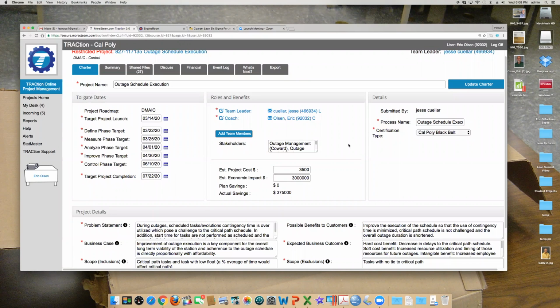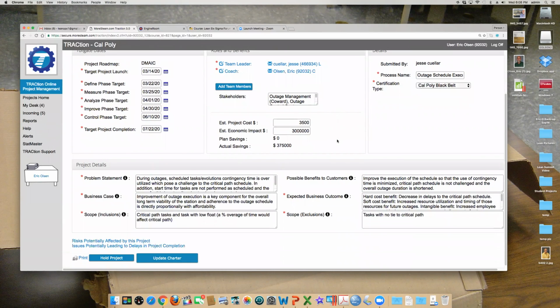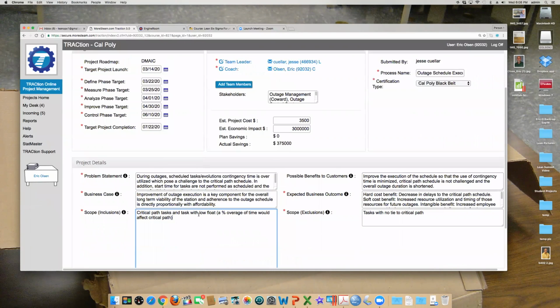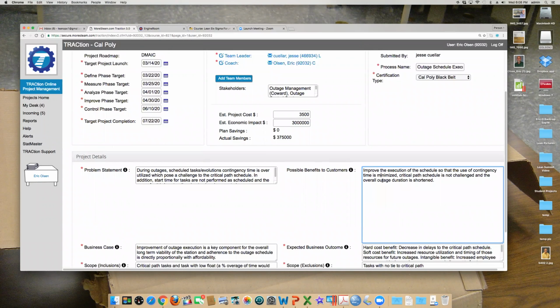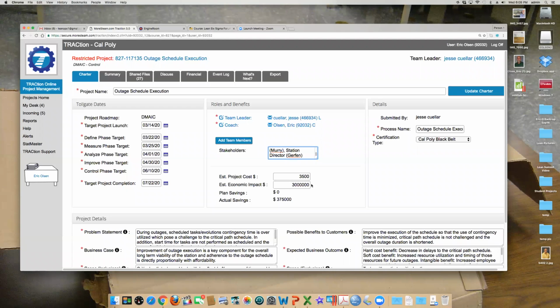It's very much like the charter you guys filled out for your mini project. You've got a problem statement, the business case, scope, inclusions, benefits to customers, those sorts of things. You've got some people. I'm the coach. Jesse's the team leader for this. We've got stakeholders, and some sort of economic impact.